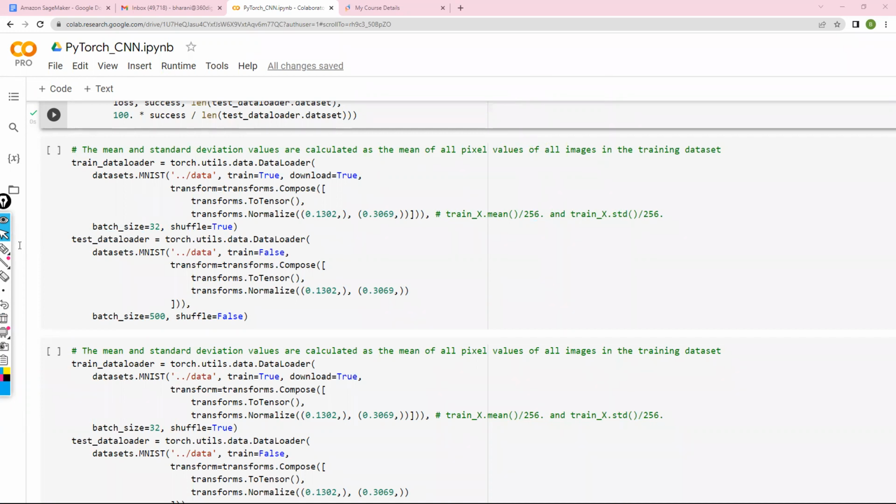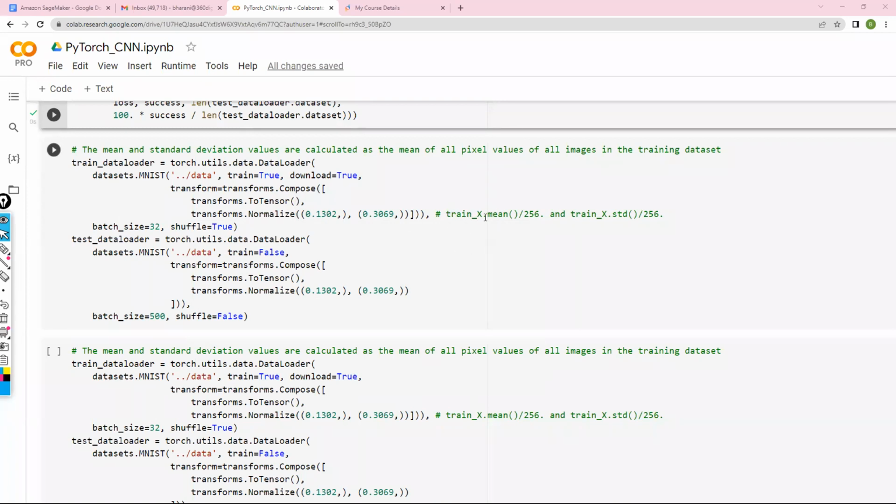Then, for both the training and test datasets, we specify the local storage location, where we want to store the data. We are also specifying that we want to convert the data into tensor format. We are also specifying that we want to normalize the data.